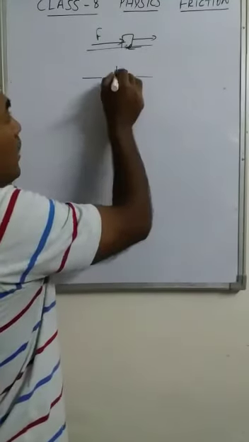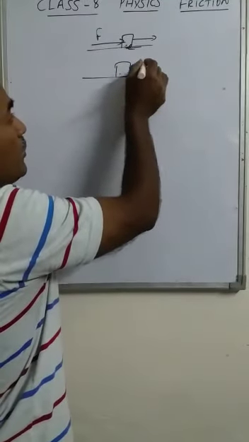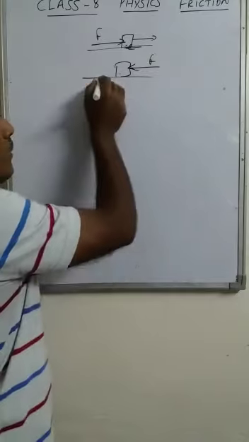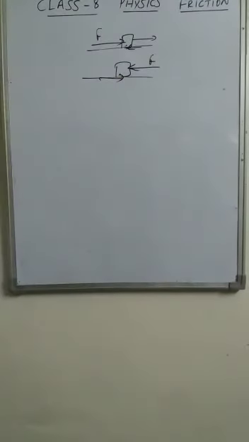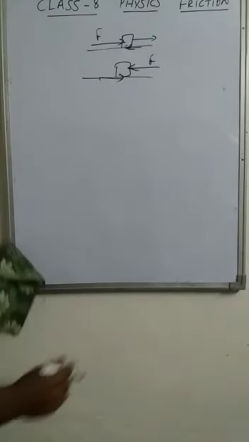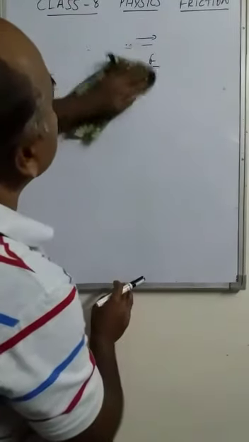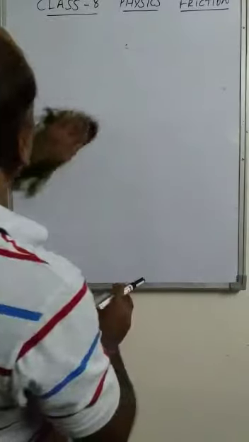If on the same object we apply the force from this side, friction opposes its motion. Friction always opposes. That's why we can say friction is our enemy. Friction is a foe. It gives disadvantages.